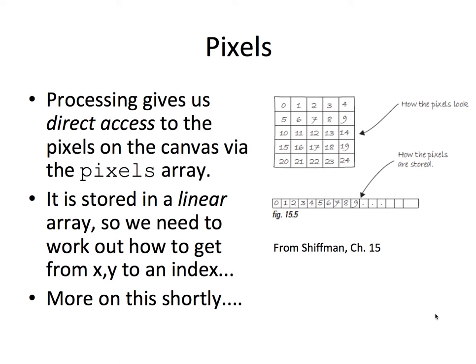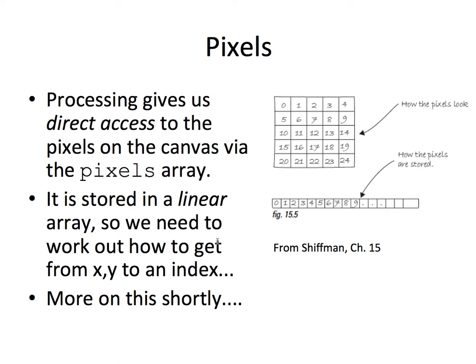So we can directly access the pixels on the drawing canvas using the pixels array. If we set one element of that array to a specific value, then we're essentially bypassing any drawing methods and writing directly to the canvas.